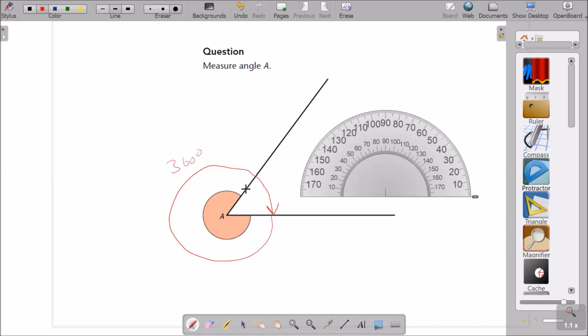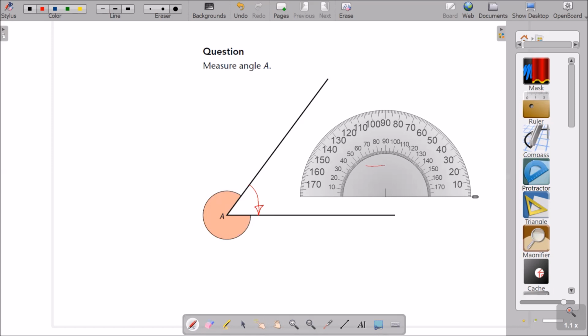So if we measure this small acute angle using our protractor, we can subtract it from 360 and get the value of the reflex angle A.